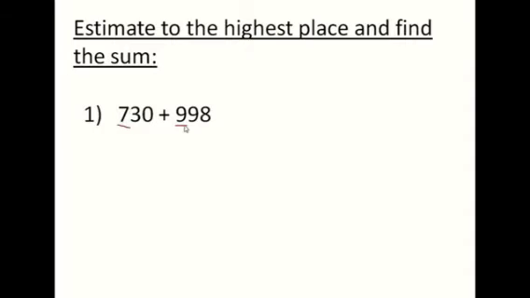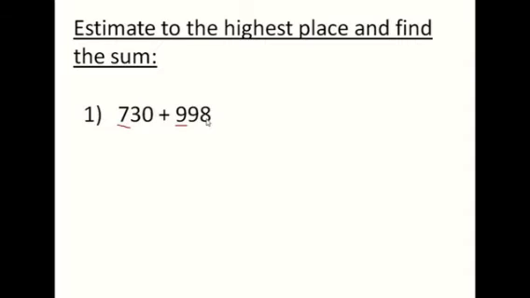Now come to this 998. Here in the tens place it is 9. So it is more than 5. So if it is 5, 6, 7, 8 or 9, what does the rule say? 1 will be added to 9. 1 will be added to the 100 place. And tens and units place will be replaced by zeros.